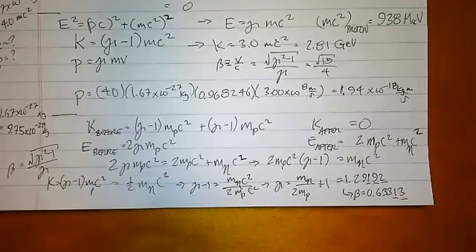I think I had a calculation error. I got 207, so I've got to check quickly. It was 9.75 times 10 to the negative 28 times 3 times 10 to the 8 squared.